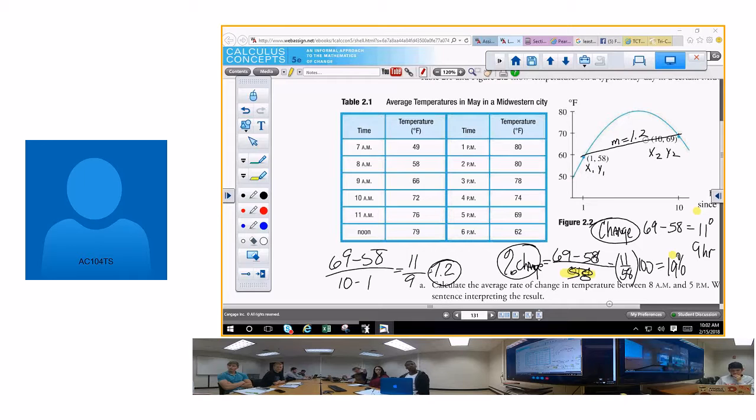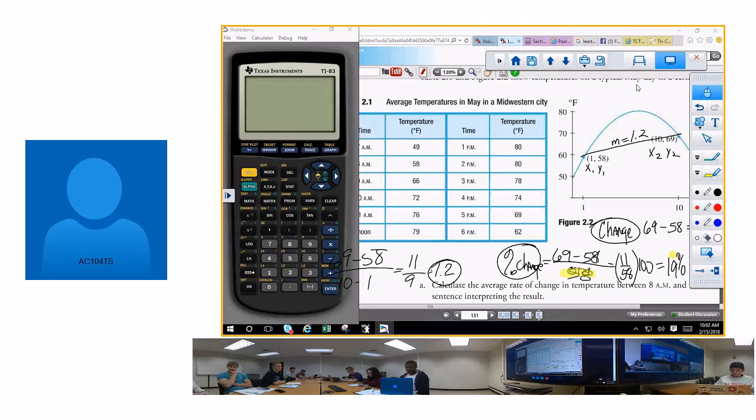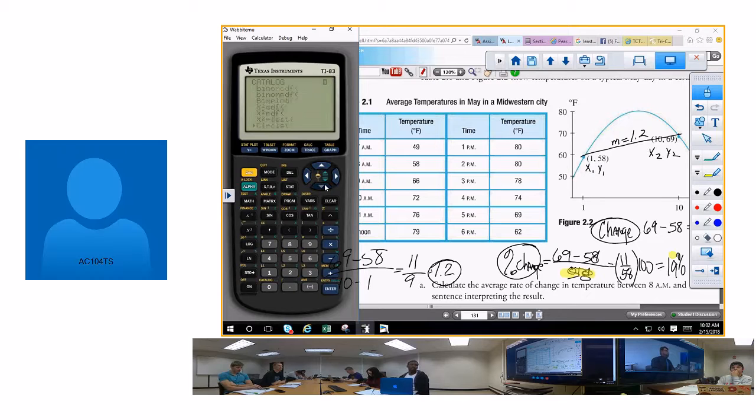Now, what else can you do? Well, now you're going to go into the calculus portion. So we go to this Excel spreadsheet, and for those of you that have a calculator, TI-83 or whatever, go to your calculator and make sure you've got diagnostic on. Go to catalog, second 0, and go down to diagnostic, and make sure your diagnostic is turned on.